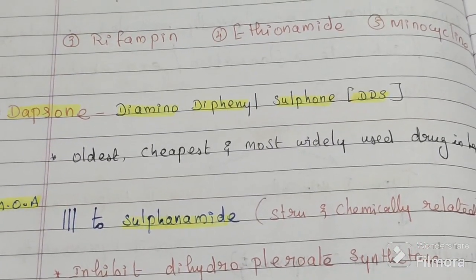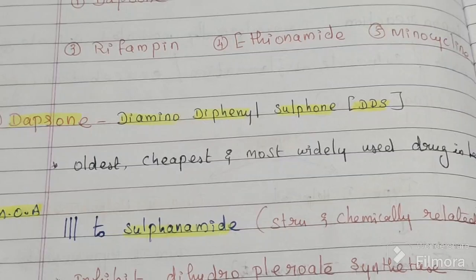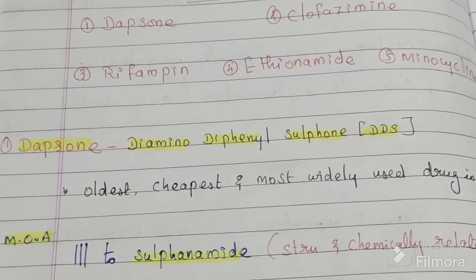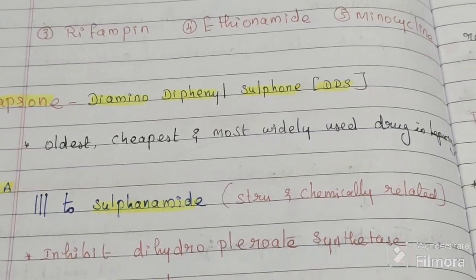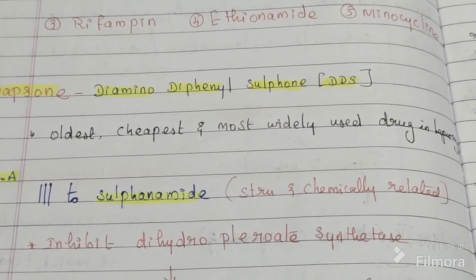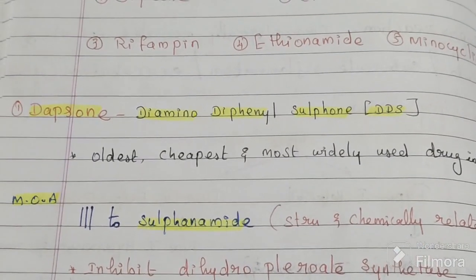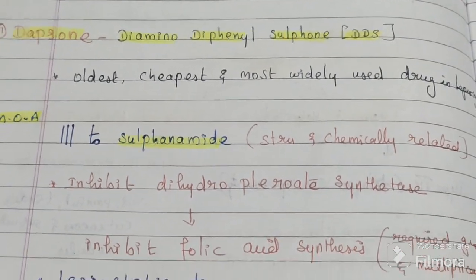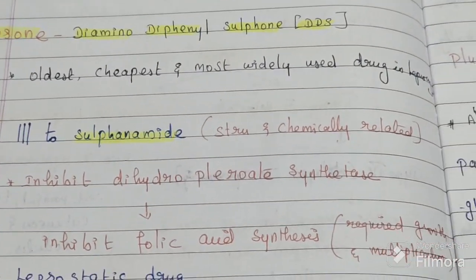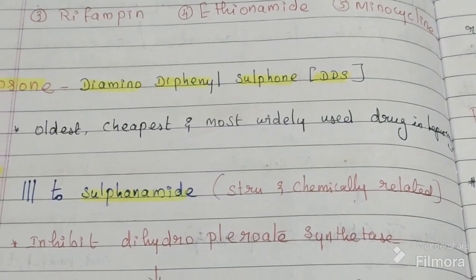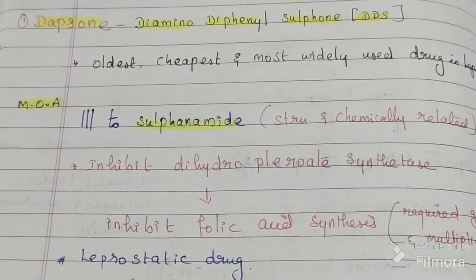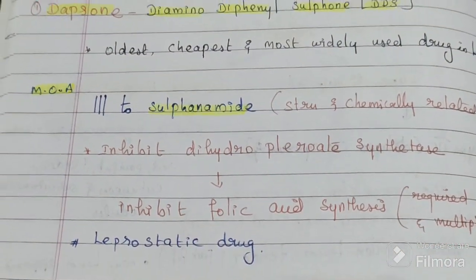That is, it will inhibit dihydropteroate synthetase, thus inhibiting folic acid synthesis that is required for growth and multiplication. It is a leprostatic drug.